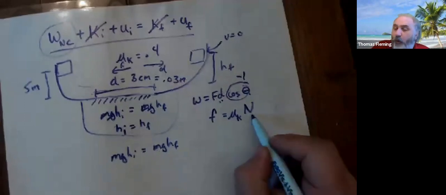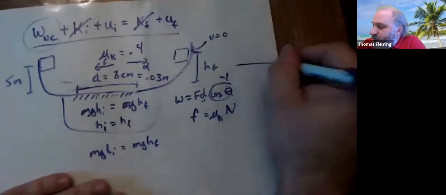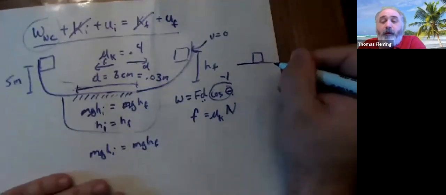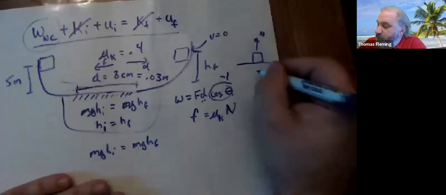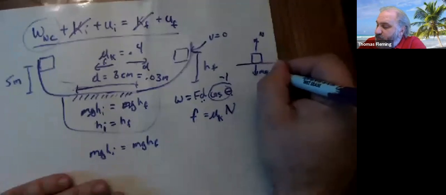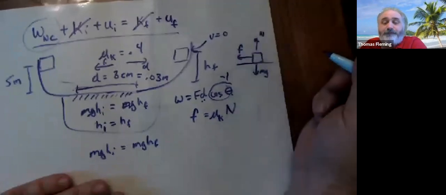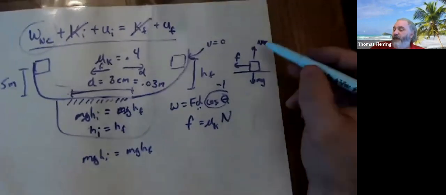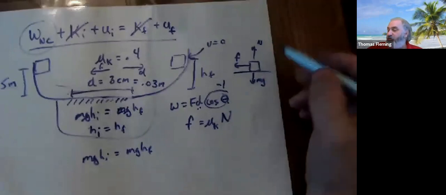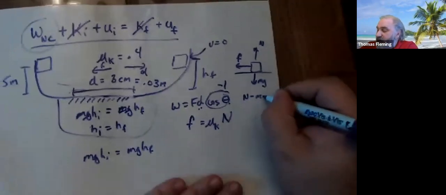So in order to figure out the normal force, let's think about this in terms of Newton's laws for a second. Here's my box sitting on the floor. What are the forces acting on it? I got a normal force pointing straight up. I got gravity pointing straight down. I got friction to the left. And if I do F equals ma in the y direction, I only have two forces: the normal force up minus gravity down.